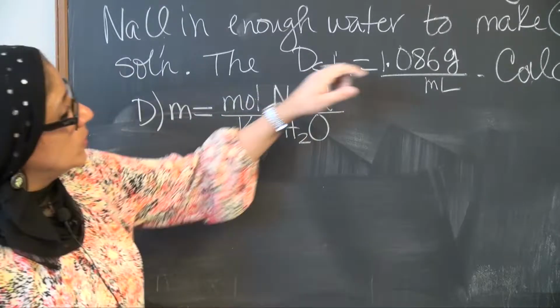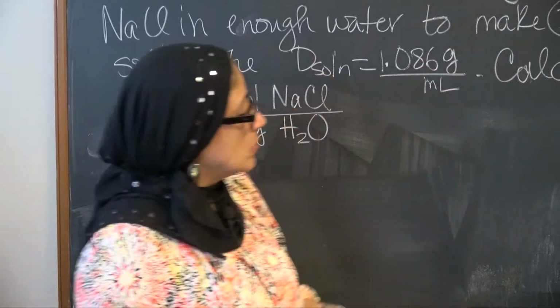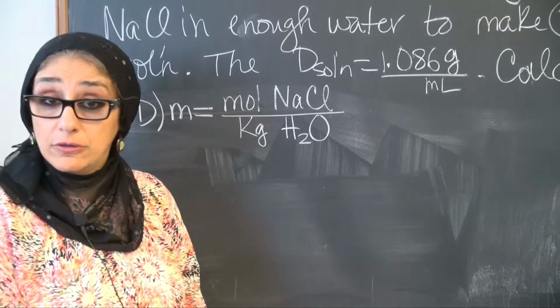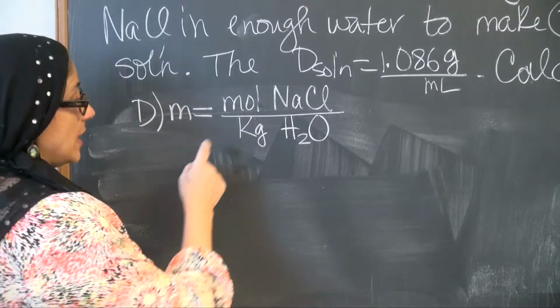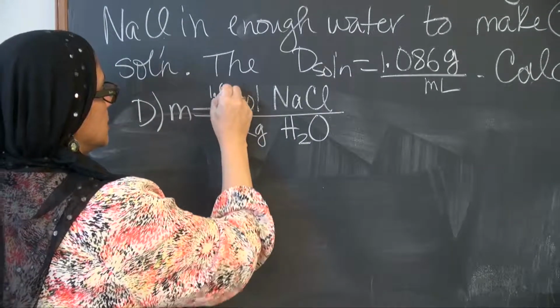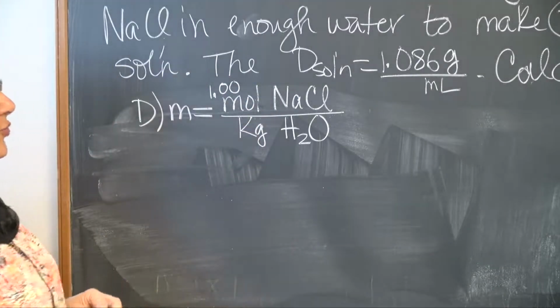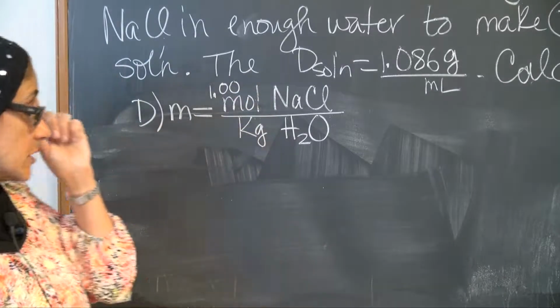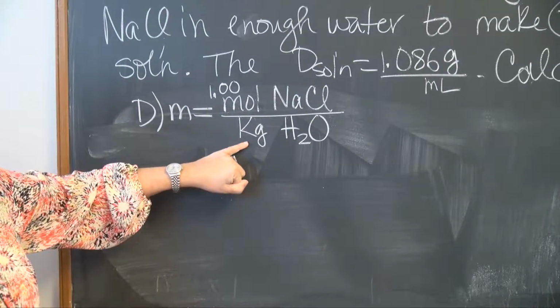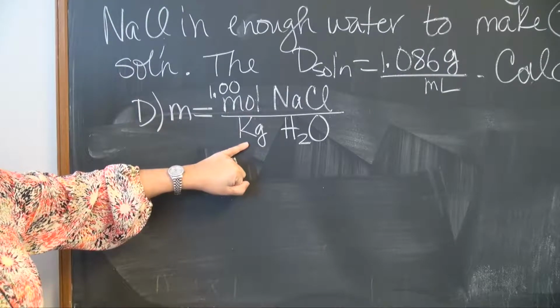Moles of sodium chloride, we're given the grams, we can get to moles, and we did it in the previous calculation, right? We know that we have 1.00 moles of sodium chloride that we calculated previously.